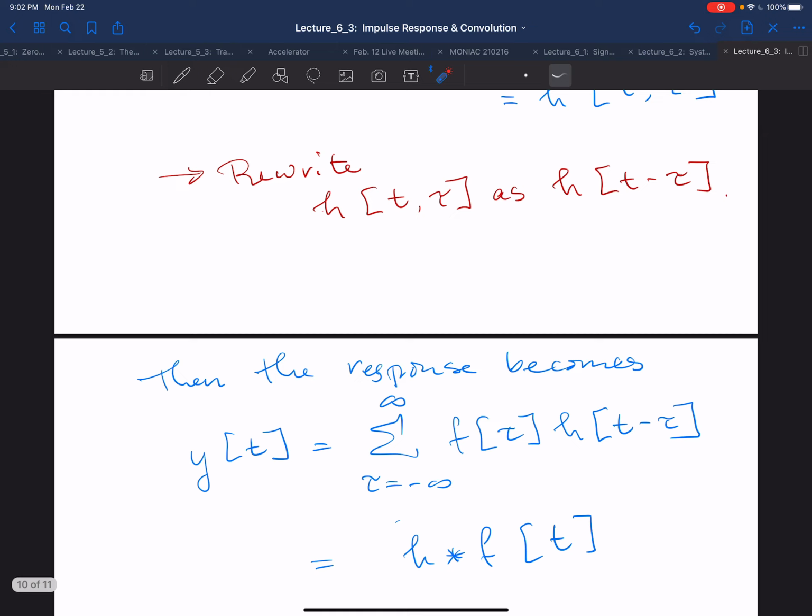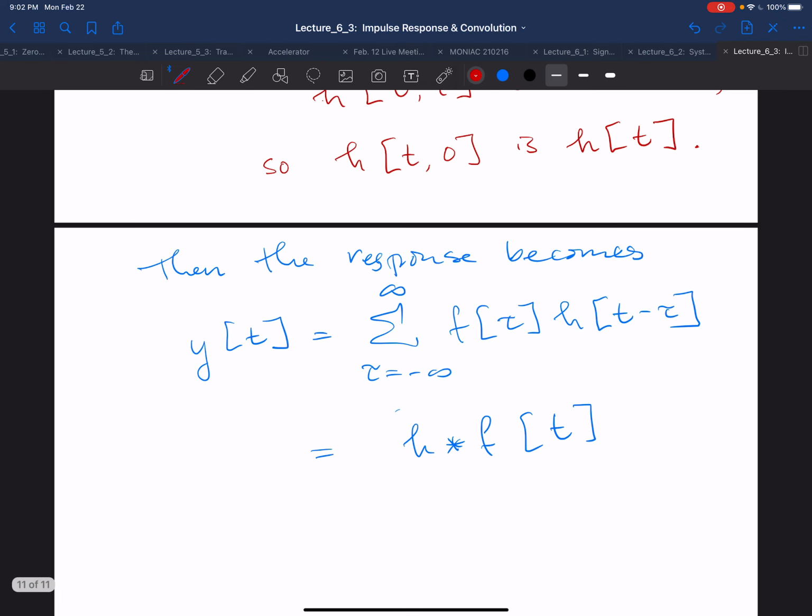Note, for instance, that this notation that we adopted here tells us in particular that the response of the system to an impulse that occurs at time t equals 0 is now simply denoted h of t for our one argument version of the function h.